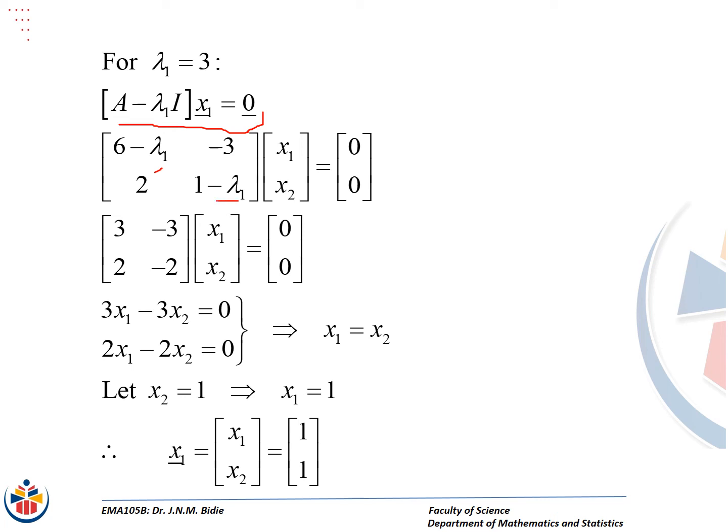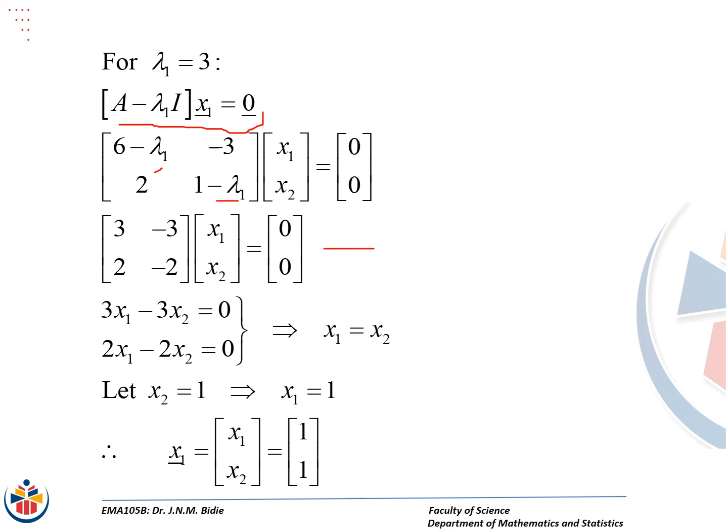In place of vector x, because this is a 2 by 2 matrix, we will have 2 unknowns, and our vector also on the right hand side will have 0 and 0. And then substitute lambda 1, which is equal to 3, and then we get the matrix form of our system.